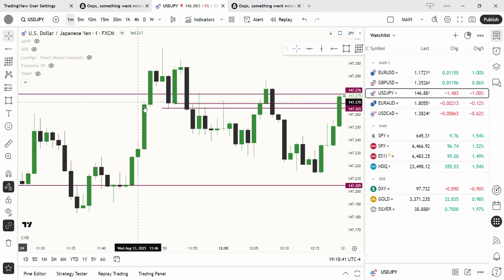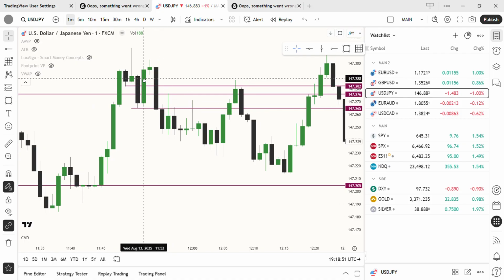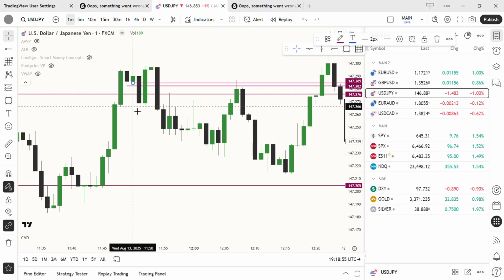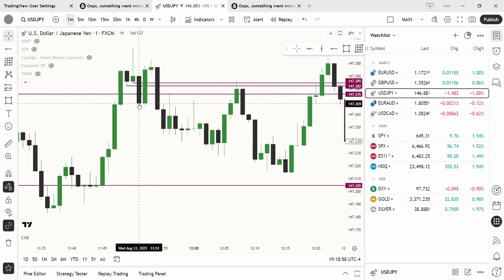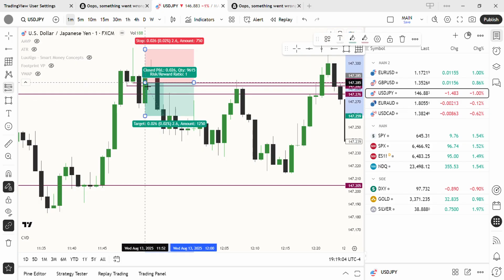This one, though. What happens? Comes up. Comes up. Create these swing lows. This order block. Price breaks structure down. Comes up. Fills our order block. Stops.